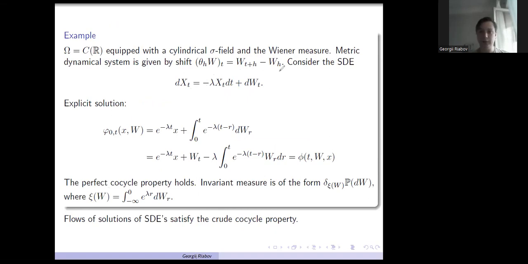If you take the initial condition exactly as this stochastic integral, then you can solve this equation with this initial condition.